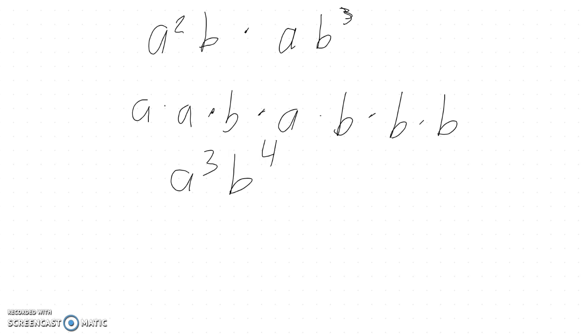Now, what if you have coefficients? The exact same principle is going to apply. It's not going to be any different. Let's say I have something like 7a times 3ab. I'm just going to start off by writing this in multiplication form. 7a just means 7 times a.